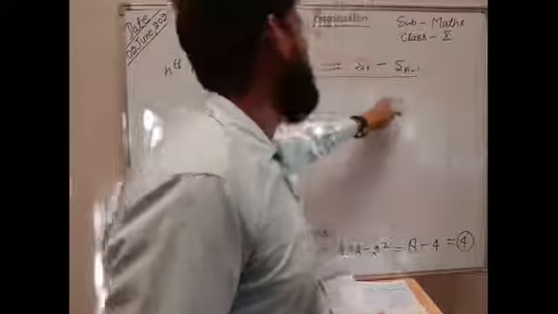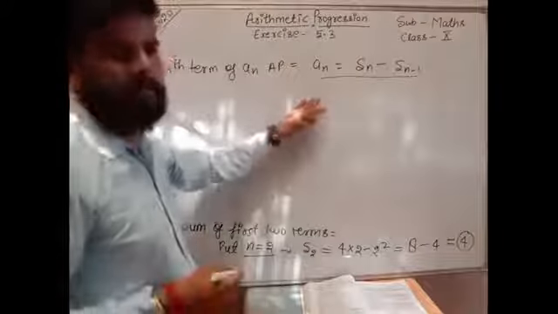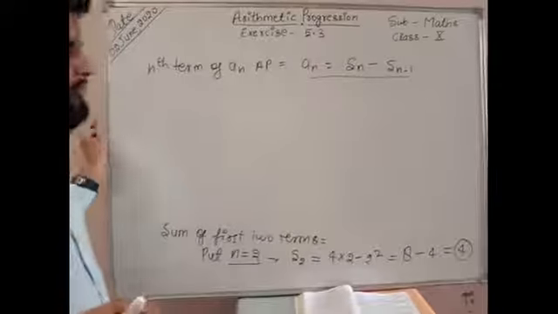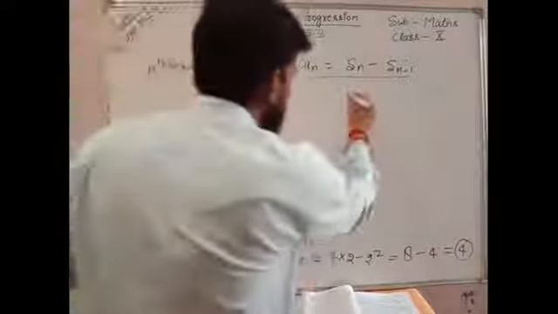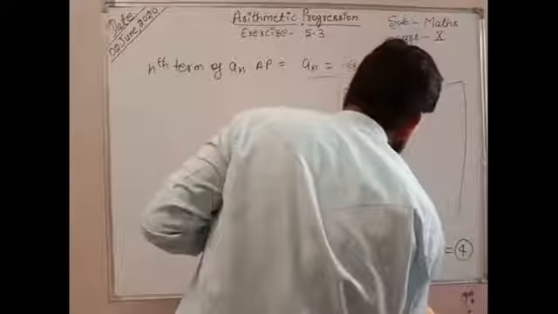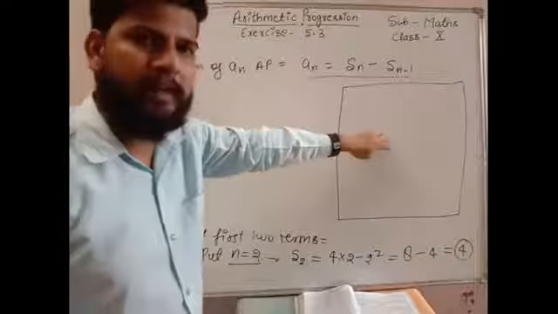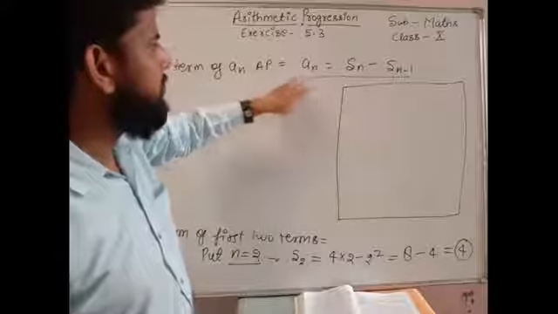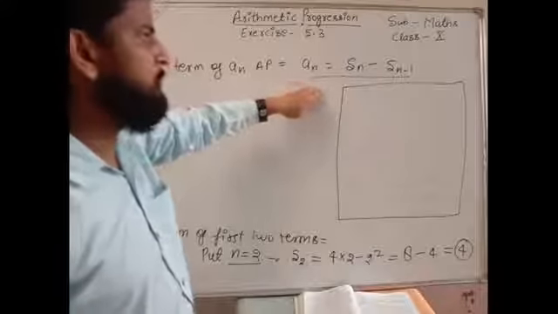This is also one formula in our textbook. Okay students, so now we will take one example to understand this formula. This is not part of this question, but to make you understand how we get this formula.